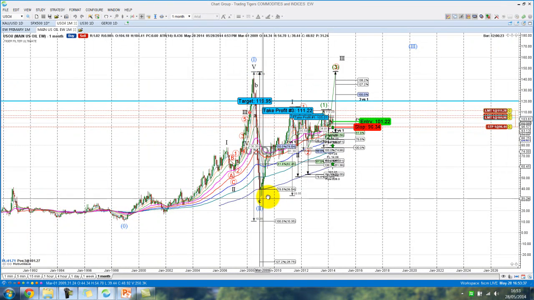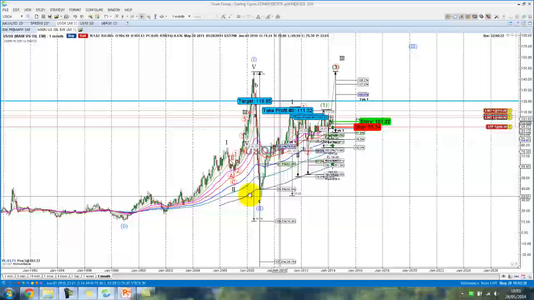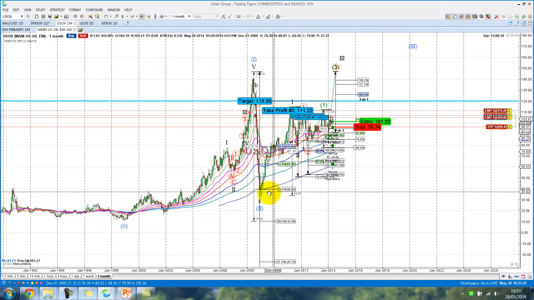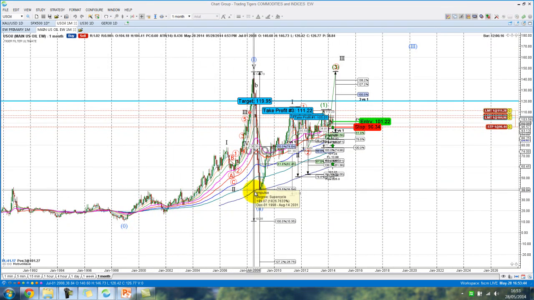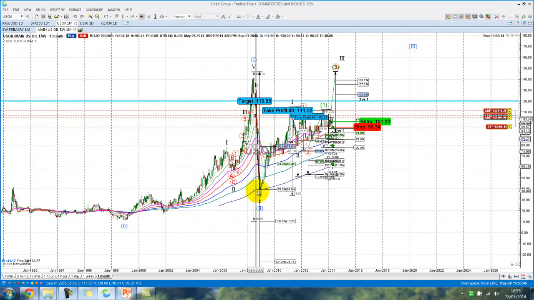Wave 2 came down and hit the 78.6 level. Notice our balloon line has also been penetrated, but price stopped and held there from going any further. And that came down on the low of January 2008, right?